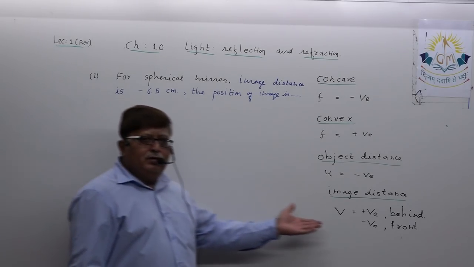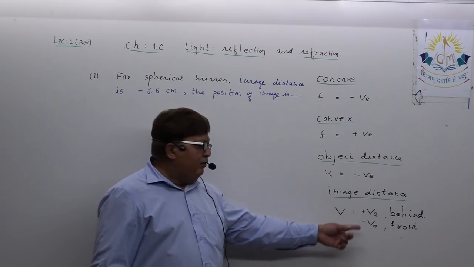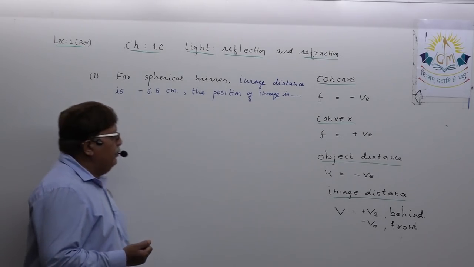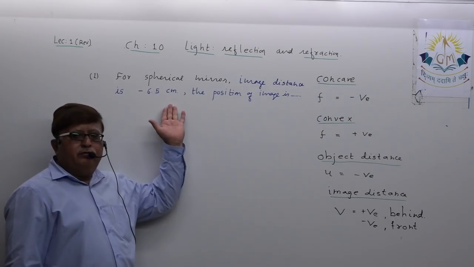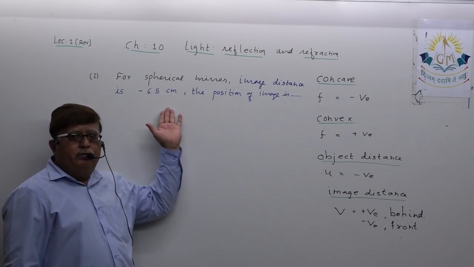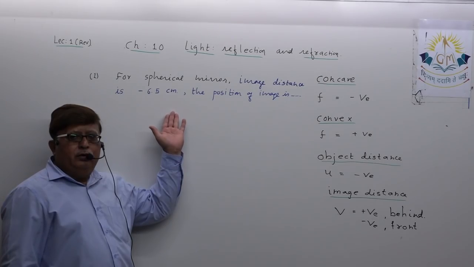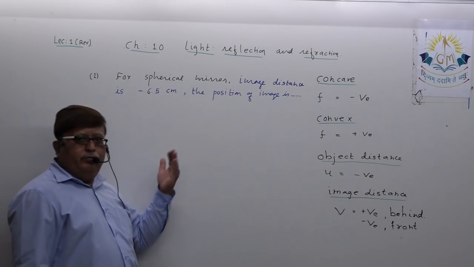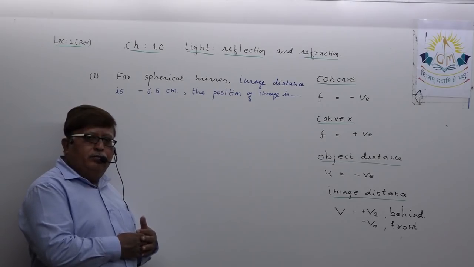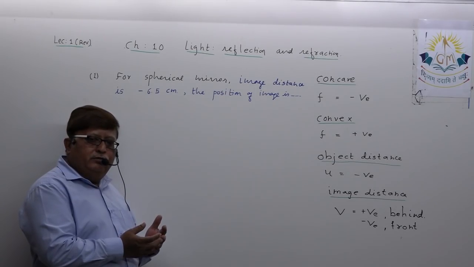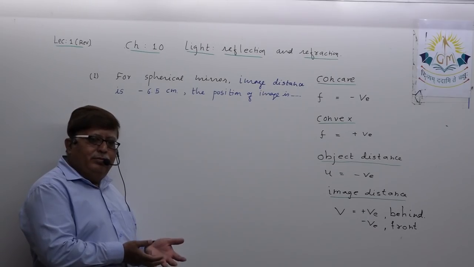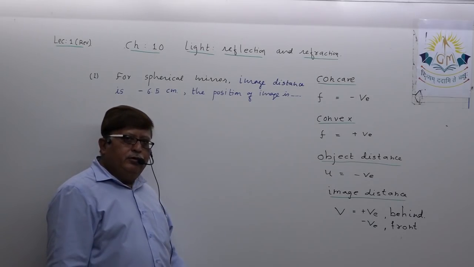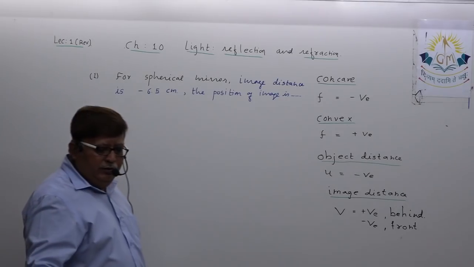When you are conceptually sound, you know that a negative image distance means the image is formed in front of the mirror. So your answer is: the image is formed at a distance of 6.5 centimeter ahead of the mirror, in front of the mirror. This way, a simple looking MCQ can be designed, but when you are conceptually very strong, you can answer such a question very easily, dear students.